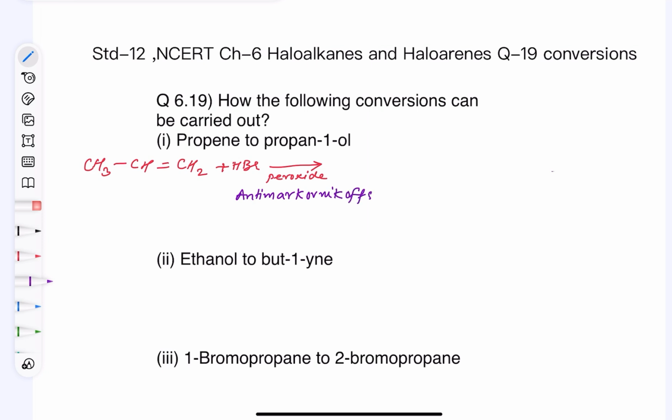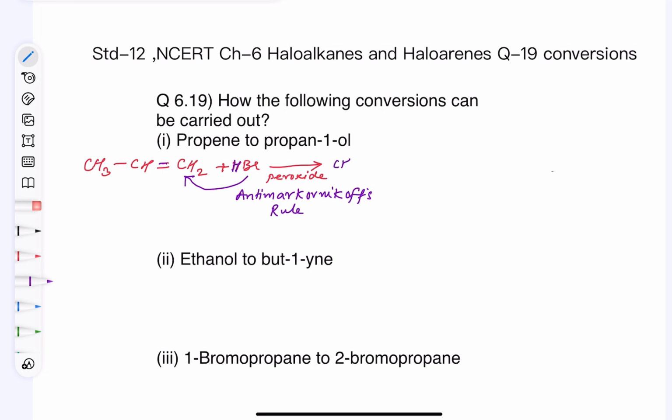Now what Markovnikov's rule says is the negative part of HBr, the addendum, so the negative part of the addendum, Br minus, has to be added to that carbon which has more number of hydrogens attached to it. Okay, anti-Markovnikov's is just the opposite of Markovnikov's. The negative part of the addendum is to be attached to the carbon having more number of hydrogens attached to it.